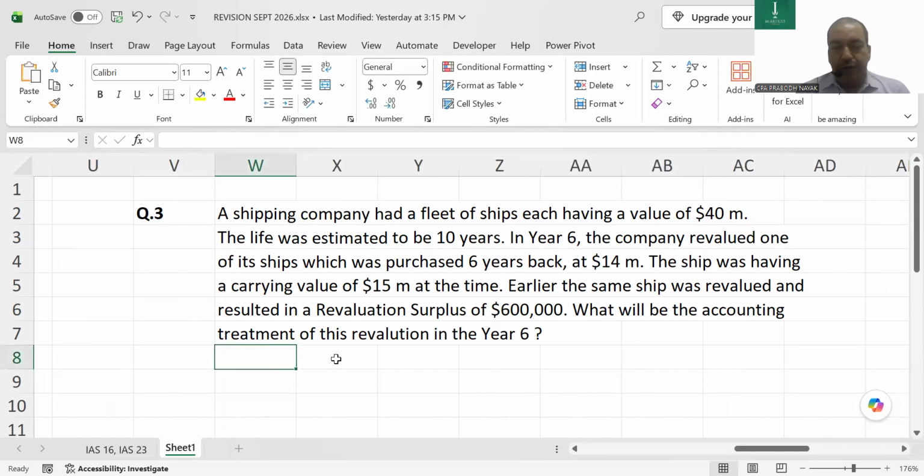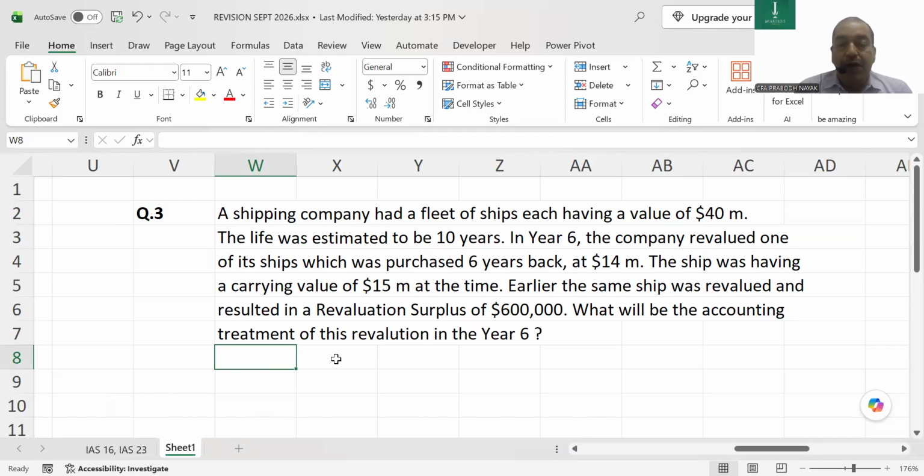Let us look at this. A shipping company had a fleet of ships, each having a value of $40 million. The life was estimated to be 10 years. In year 6, the company revalued one of its ships, which was purchased 6 years back at $14 million.